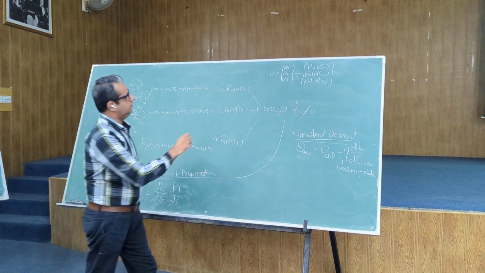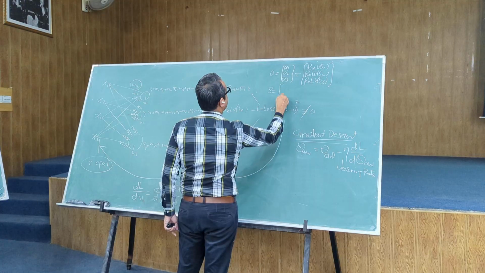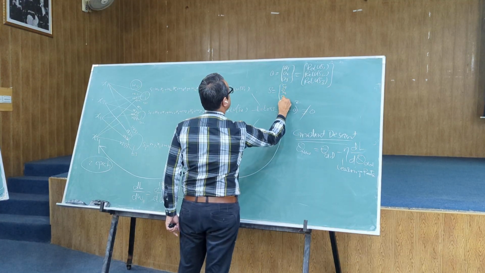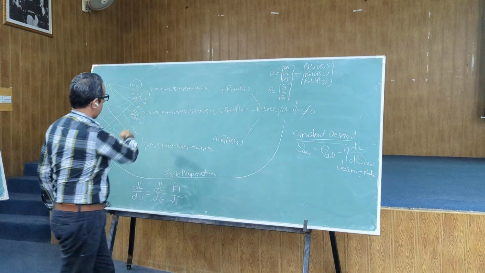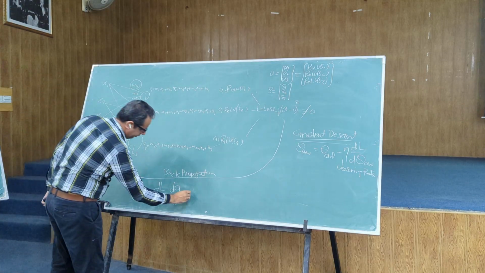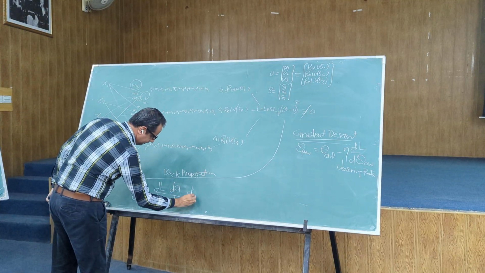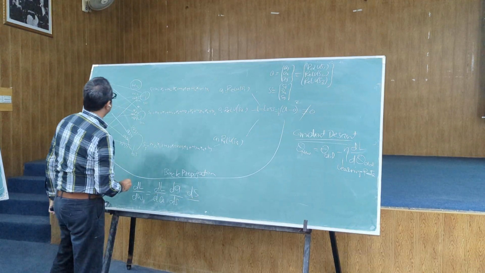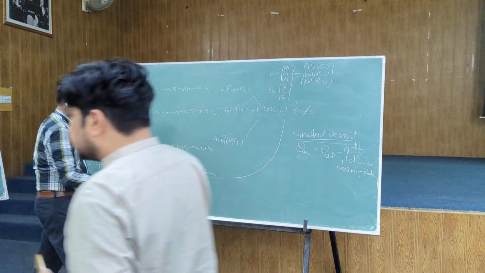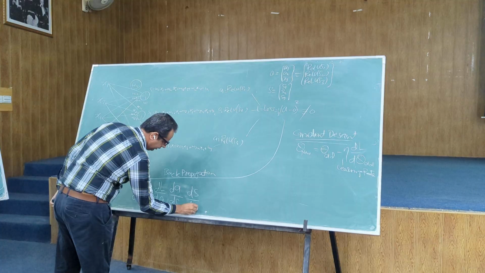What is S? S is a vector S1, S2, S3. And after that, dS over dW11. One more.